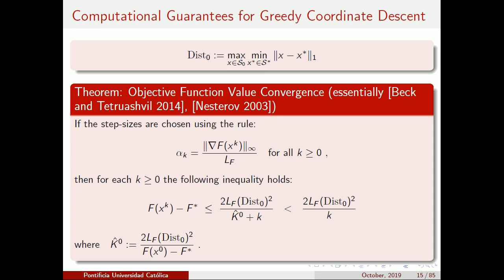This says the optimality gap is going to be at most 2 times the Lipschitz constant times that distance squared divided by k, plus this term. And of course, this term is going to be positive, so I can just say it's strictly less than this. Okay?